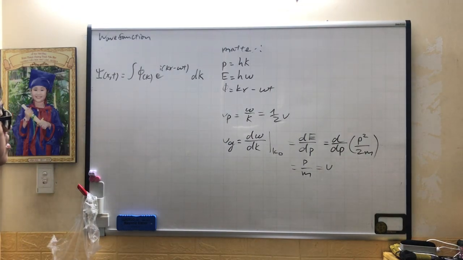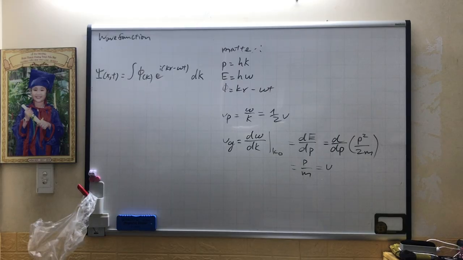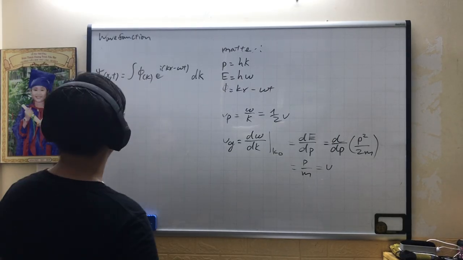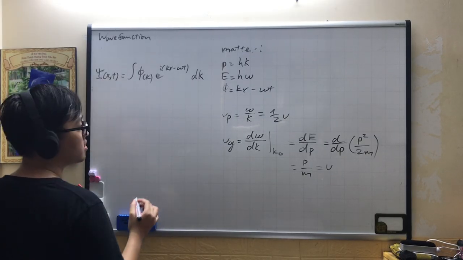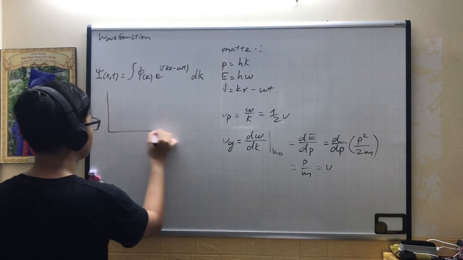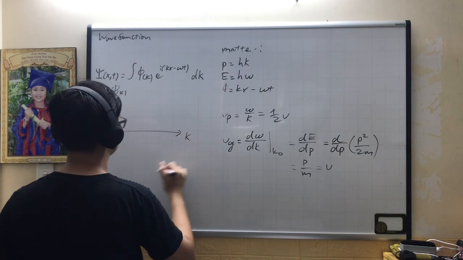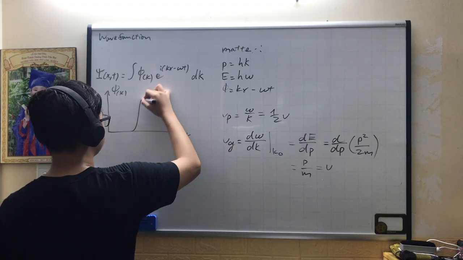So this is when we have to talk about the stationary phase principle. This phi of k here would look something like this, with phi of k up here and k here. It would be 0 everywhere, and then there would be a big spike up.